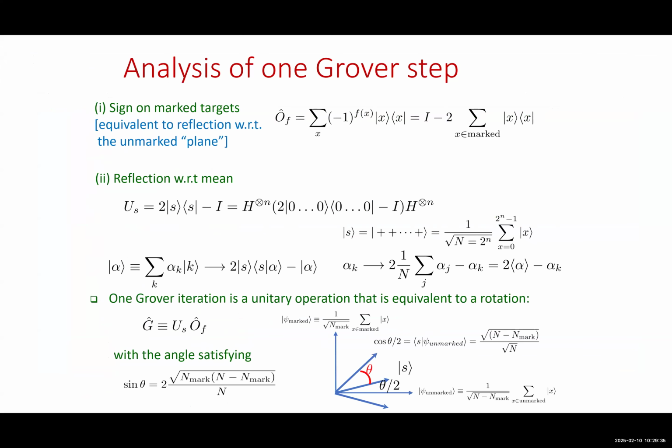How do we flip the marked item? Let me just draw. How do we flip the minus sign of some state?